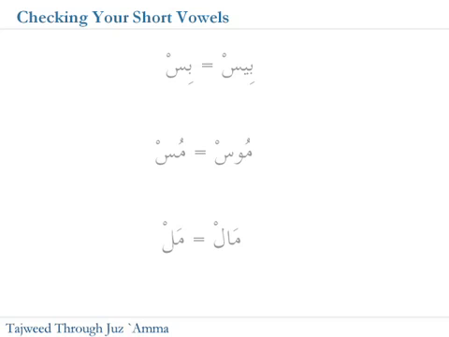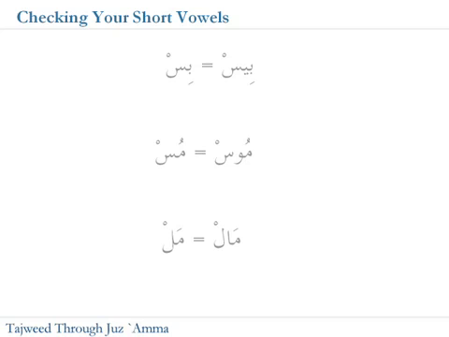Now when that's shortened, then we have the sound of bis. When you haven't trained your jaws, you will have a tendency to just say bis. Now if you lengthen the sound of bis, pretending that you're trying to say the kasra, and you double the length, you'll get bis instead of bis.